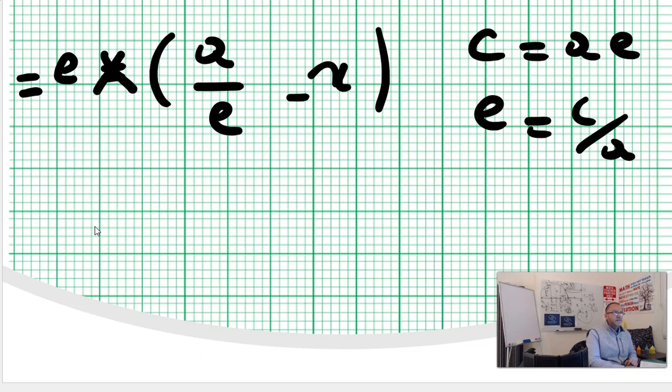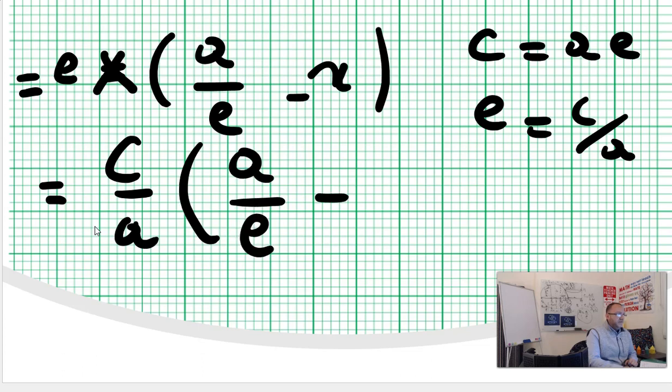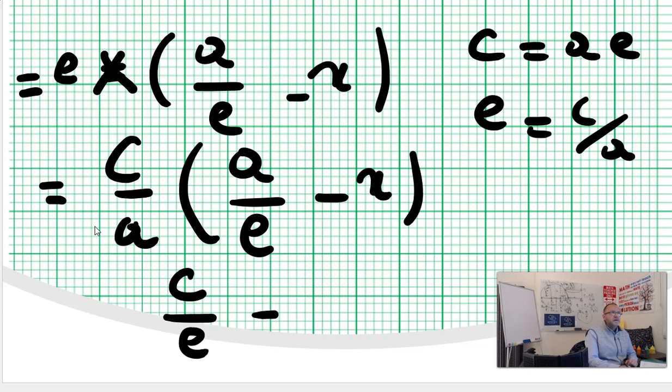So I get C divided by A times A divided by E minus x, right? All agree? Okay. So what do I get now if I keep going? I get C divided by E minus CX, right? Divided by E, if you want to put it this way.